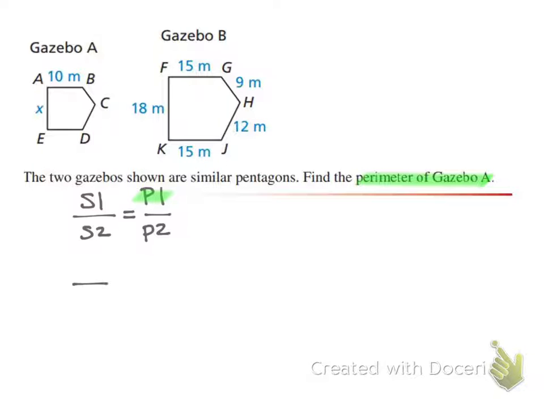So here's how we're going to do that. We don't know the perimeter of gazebo A. I'm going to write P, you can write X, it doesn't really matter. Everything else we will know. So for a side from the first, what is the only side we know in the first shape? 10. So 10 will go in the numerator.